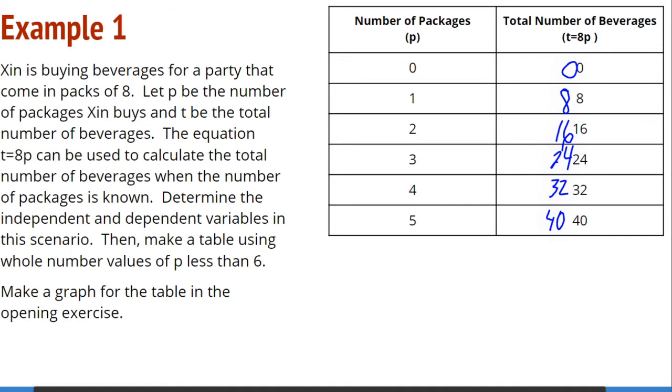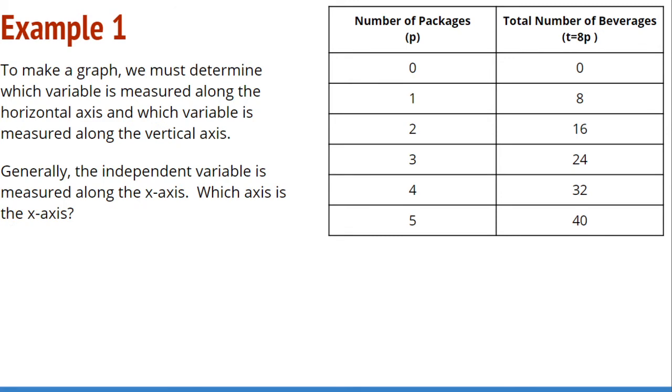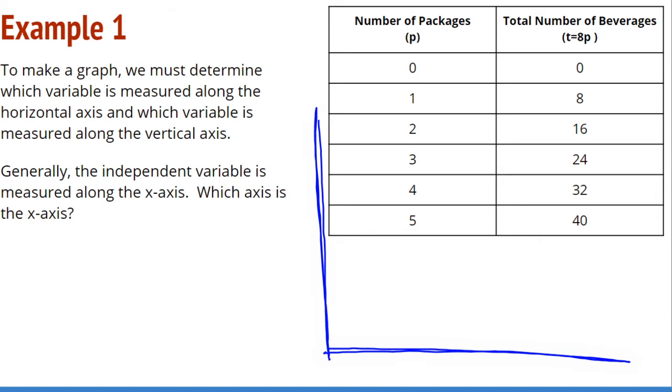Now the new step, this was all review, we did this yesterday. Our new step is let's make a graph for this table. To make a graph, we have to determine which variable is going to go on the horizontal axis, or the x-axis, and which is going to go on the vertical axis, which is the y-axis.